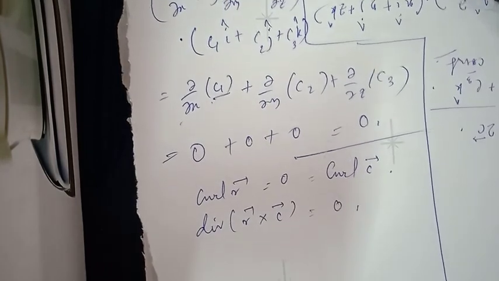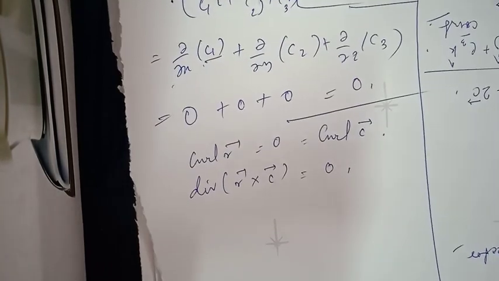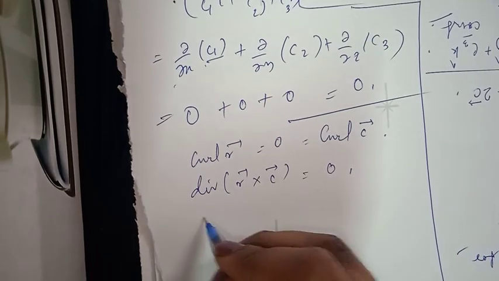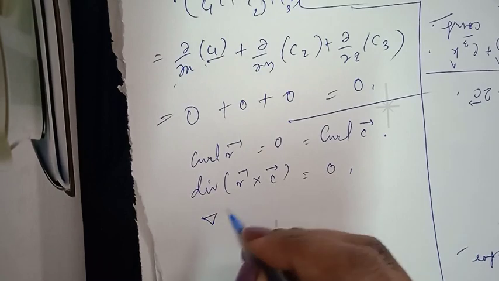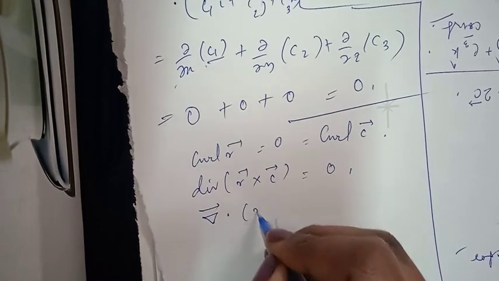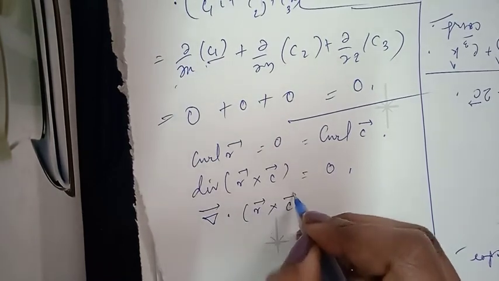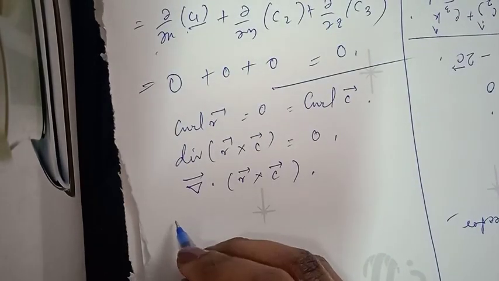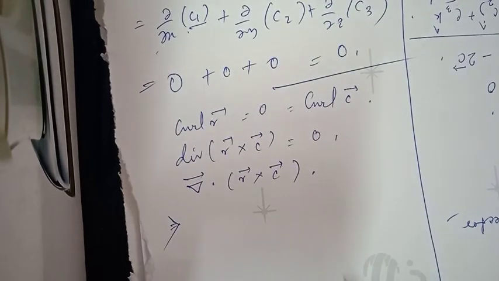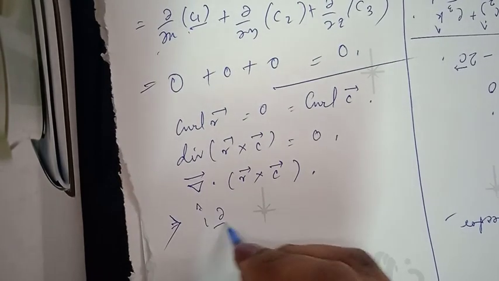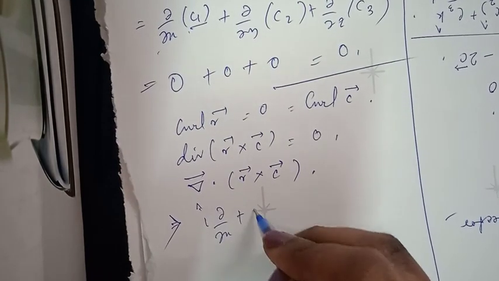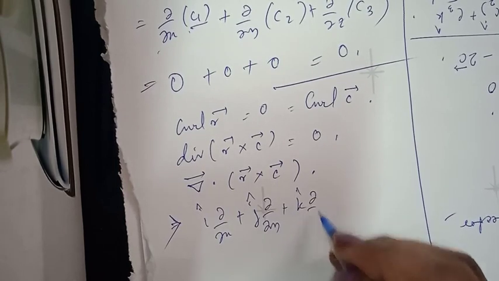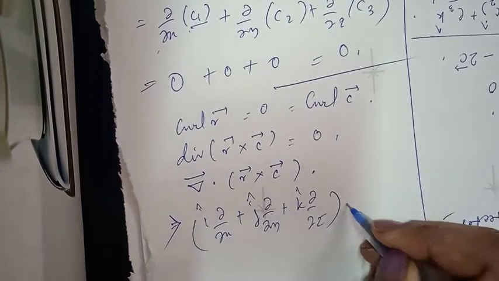Let's check what is divergence of R cross C. That will become grad dot R cross C. Right? Now this is i del del x plus j cap del del y plus k cap del del z dot.